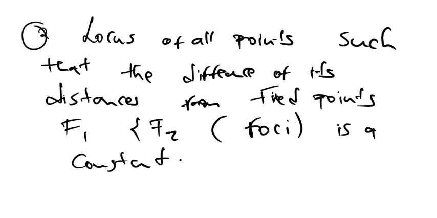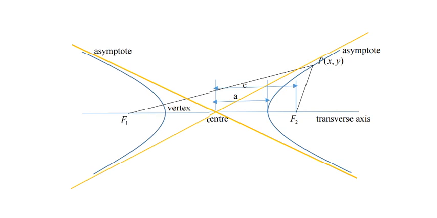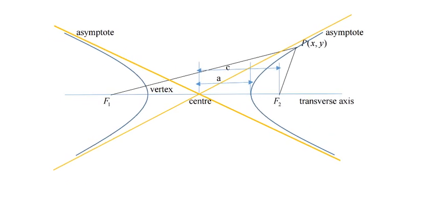Now, using this diagram here, this is just a summary of what I've talked about so far. There are two asymptotes that meet at the center. The center is the midpoint of the transverse axis, which cuts the foci F1 and F2. The transverse axis also cuts the vertices.